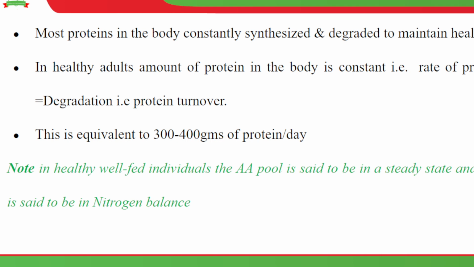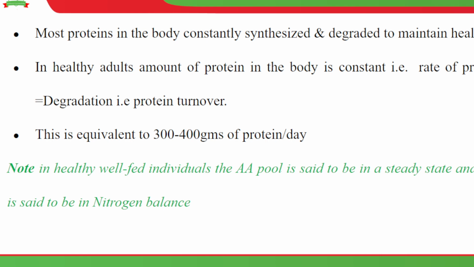Protein turnover is basically the measure of how much protein is being synthesized and how much is being degraded in your body. So there has to be a balance, that your body synthesizes some and degrades exactly that. This is equivalent to 300 to 400 grams of protein per day. In a healthy, well-fed individual, the amino acid pool is said to be in a steady state and the individual is said to be in nitrogen balance.